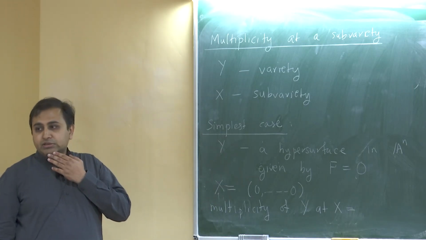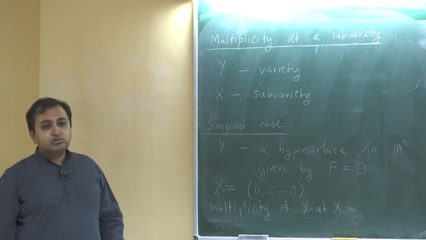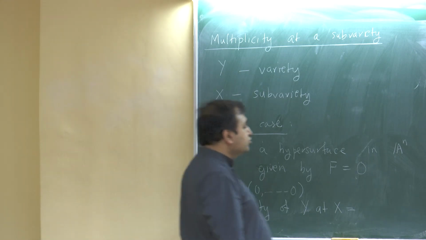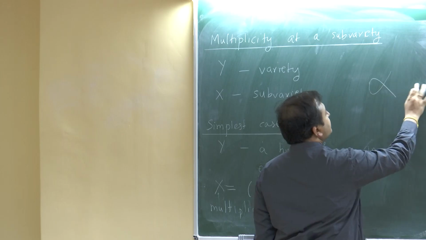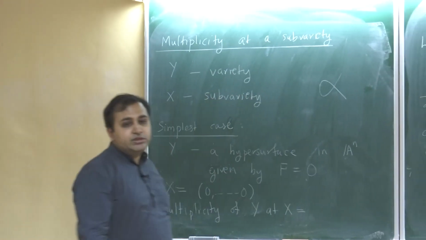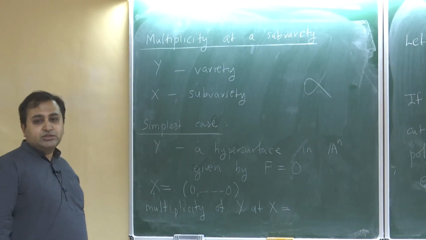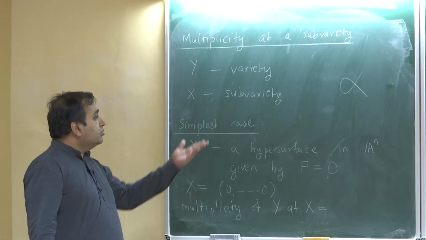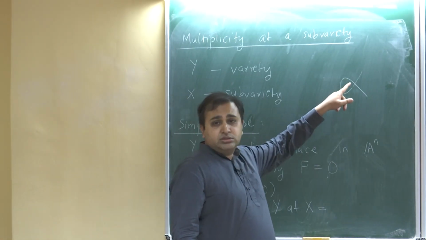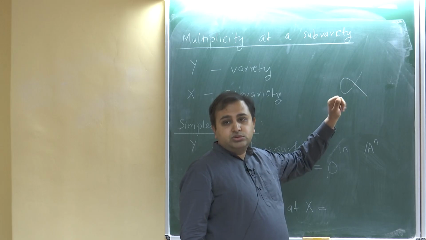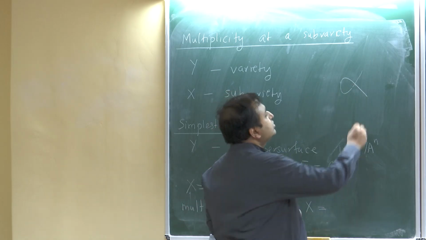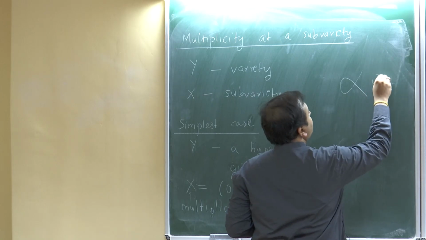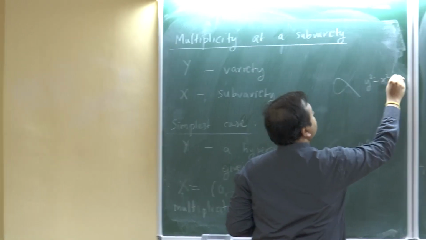How would you like to define this? Suppose you have a curve which looks like this. This is y squared equals x squared plus x cubed. What is the multiplicity at this point? 2, right?